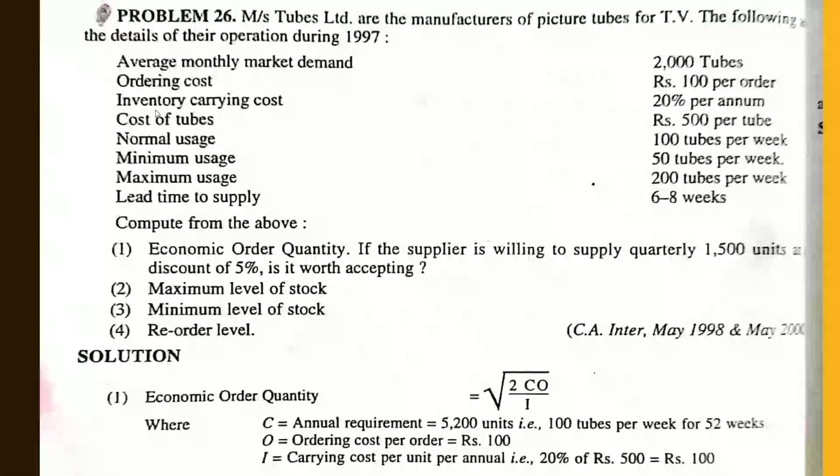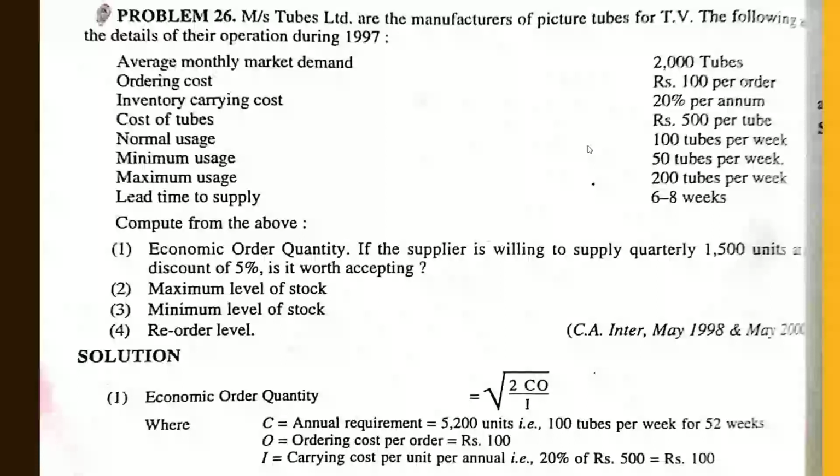Inventory carrying cost is 20% per annum, and cost of tube is 500 per tube. Normal usage is 100 tubes per week. That means normally how much have we used? 100 tubes per week. So how many weeks in a year? 52. So at 52 weeks, how many tubes? That means 5,200.